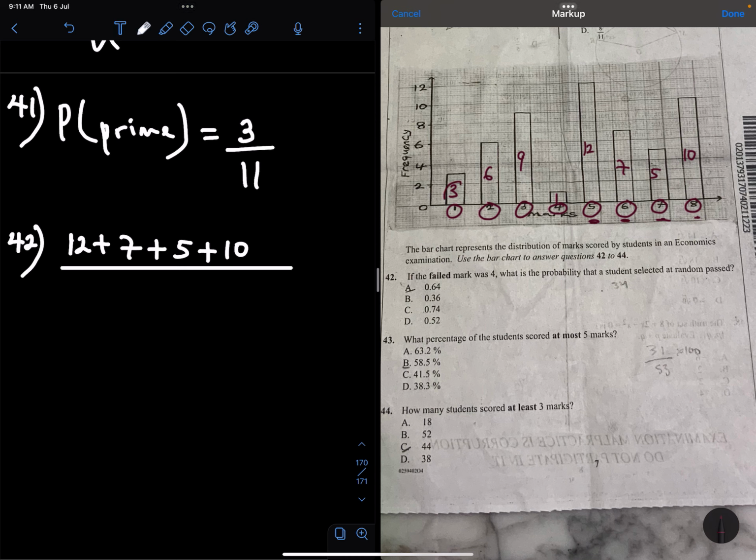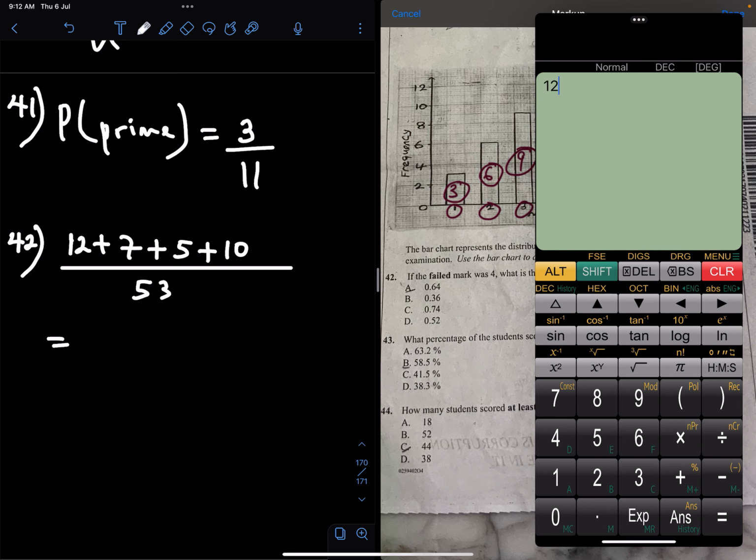Let's find the total. 3 plus 6 is 9, plus 9 is 18, plus 1 is 19, plus 12 is 31, plus 7 is 38, plus 5 is 43, plus 10 is 53. So the probability that a student selected at random passed will be 12 plus 7 plus 5 plus 10, that's 34, divided by 53.